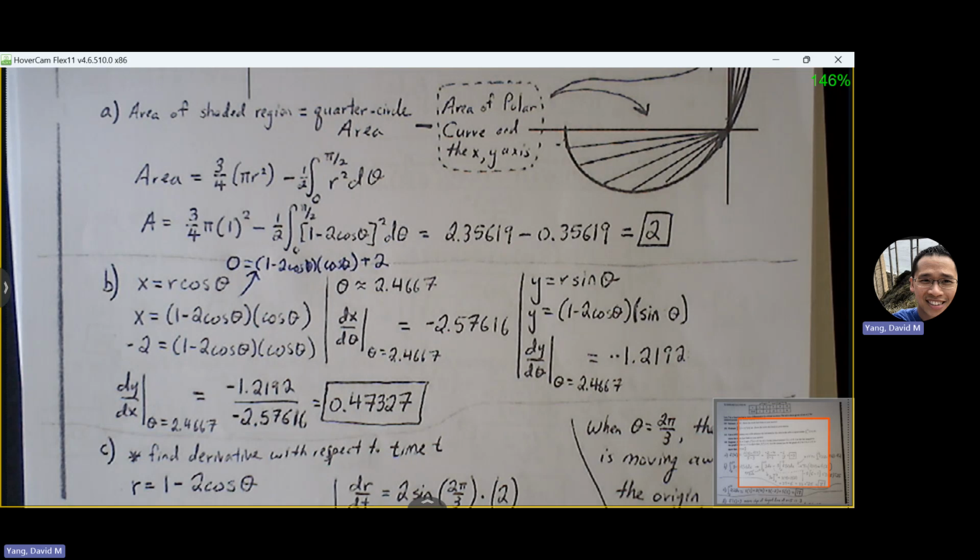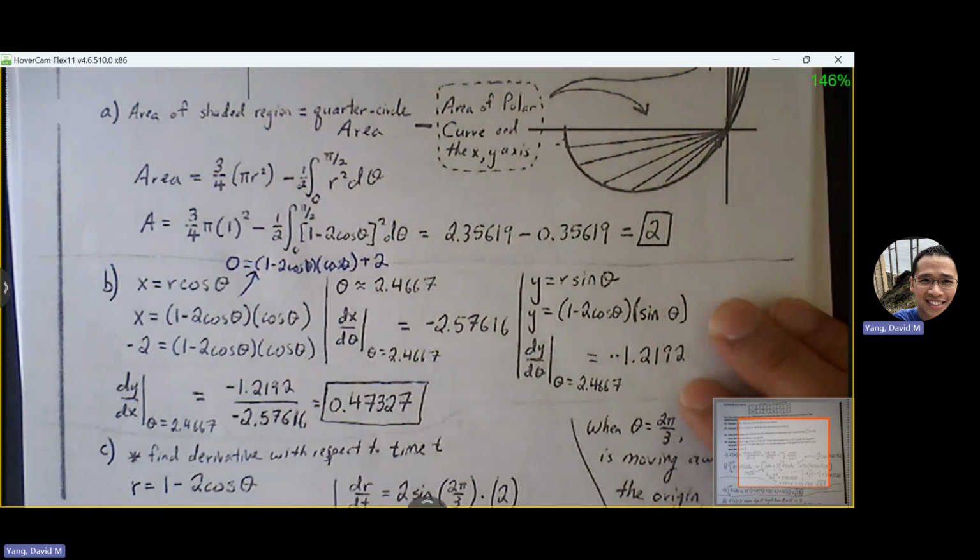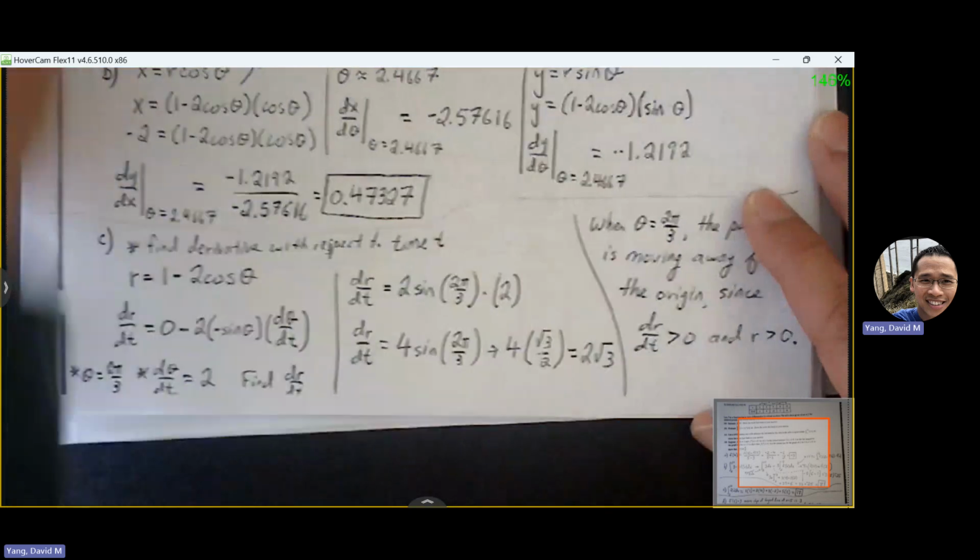So we get dy d theta, we get dx d theta, we take those components, divide over each other, and we get our dy dx, 0.47327. For part C, a particle moves along the curve r equals 1 minus 2 cosine theta. We see a bunch of d over dt notations show up.